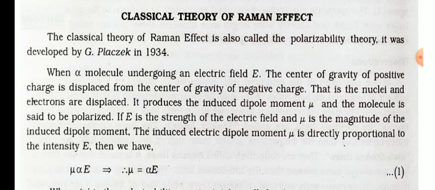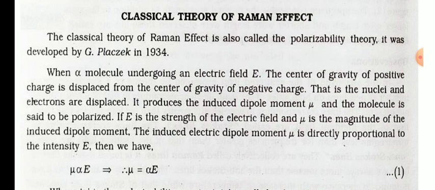The positive charge is displaced from the center of gravity of the negative charge. That is, the nuclei and electrons are displaced. It produces the induced dipole moment mu, and the molecule is said to be polarized. So due to the interaction of the electromagnetic radiation, it produces an induced dipole moment in homonuclear molecules.